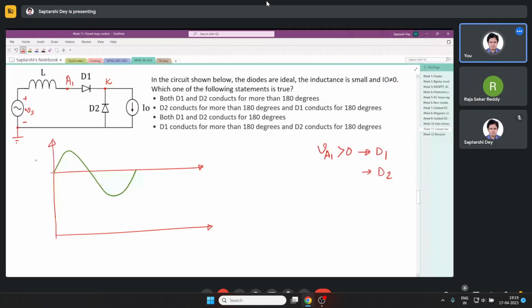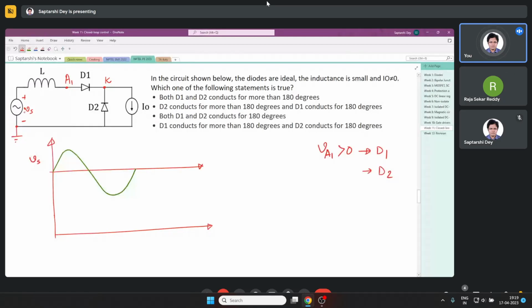So this is Vs. Now there is something between Vs and L1, which is A1, which is L, inductance, right? Suppose at this point t equals 0, D2 was conducting, so it was short circuiting the current source, so the voltage of Vk was 0.